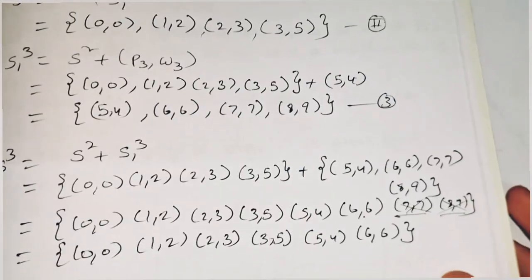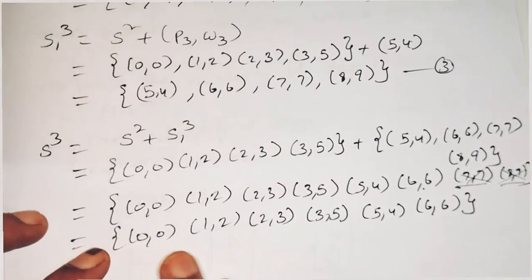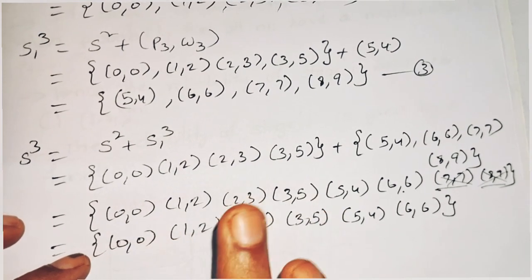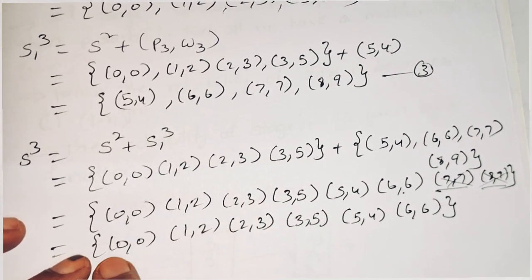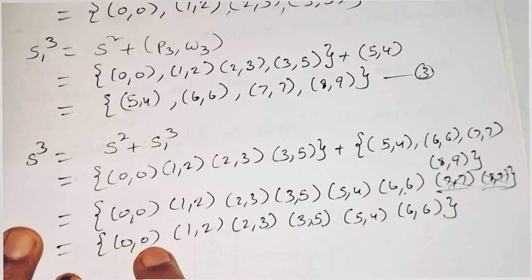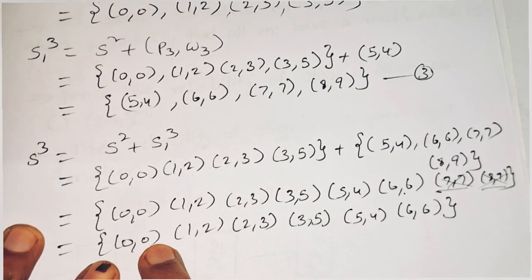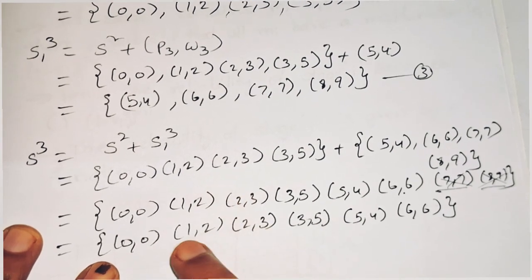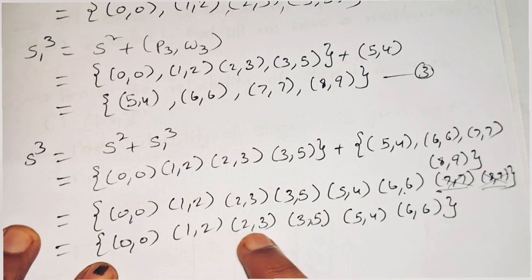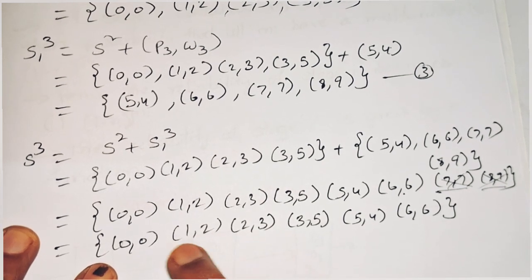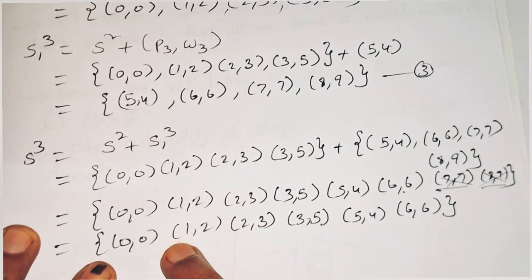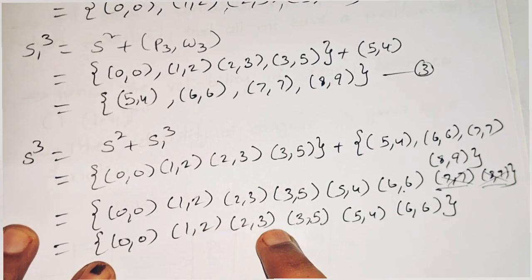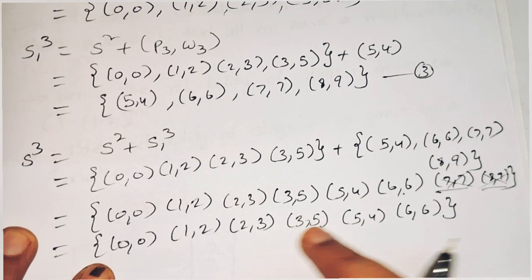So if you observe here, all the values in the given set are in ascending order. So 0, 0, 1, 2 is in ascending order. That means Pj, Wj and Pk, Wk are in ascending order, so it is okay. Next we will check these two, 1, 2 and 2, 3. These two are in ascending order, so Pj is less than Pk and Wj is less than Wk.